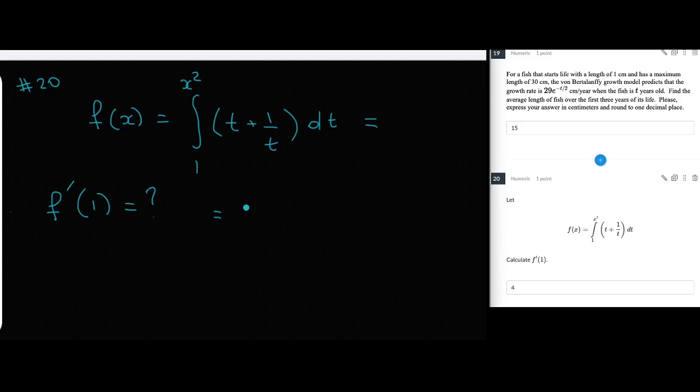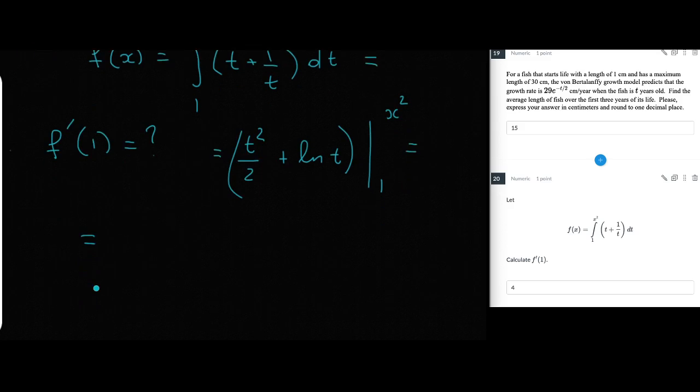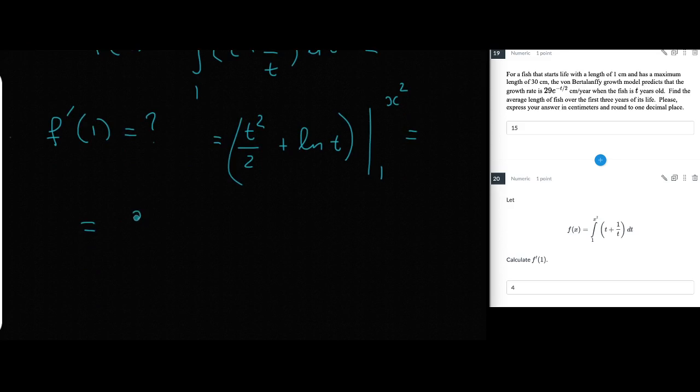So the antiderivative of t is t squared over 2. The antiderivative of 1 over t is natural logarithm of t. And then we can plug in our limits of integration, 1 and x squared. So we will get x squared squared over 2 plus natural logarithm of x squared.